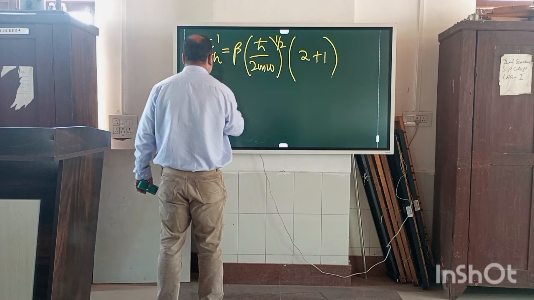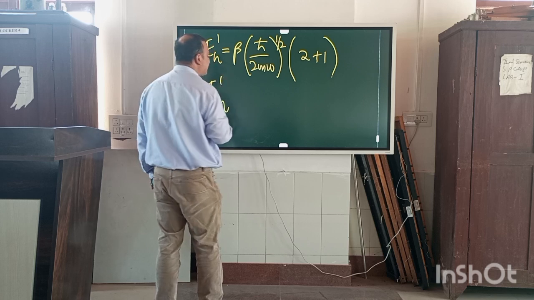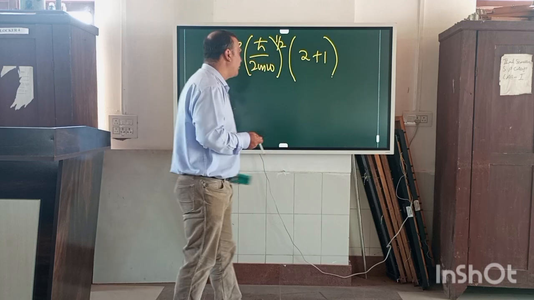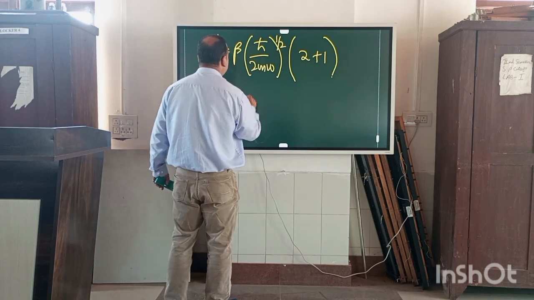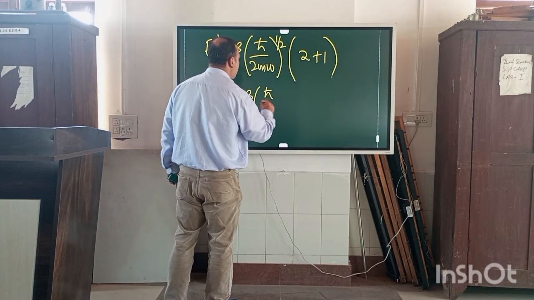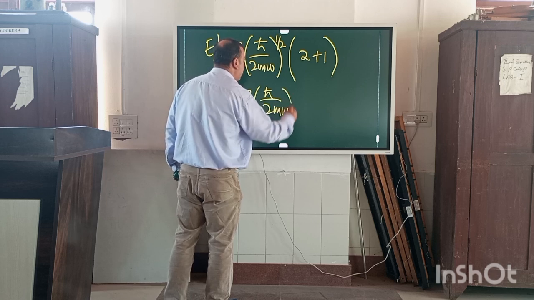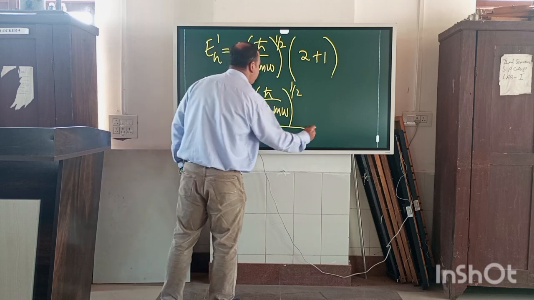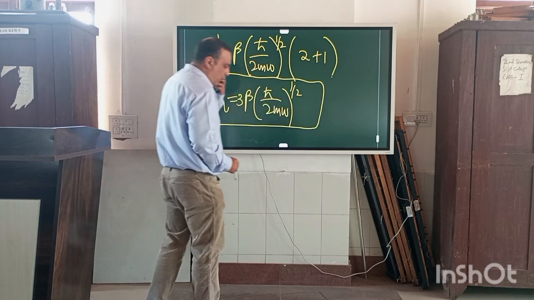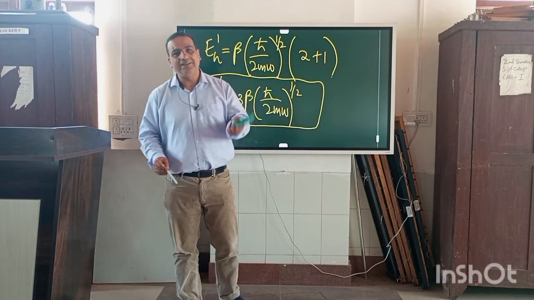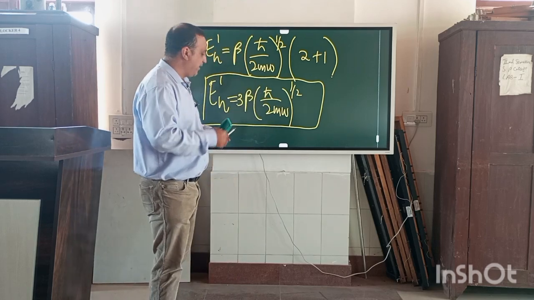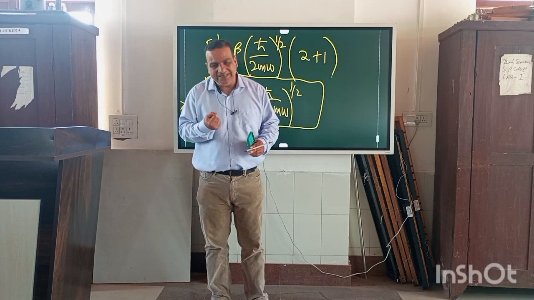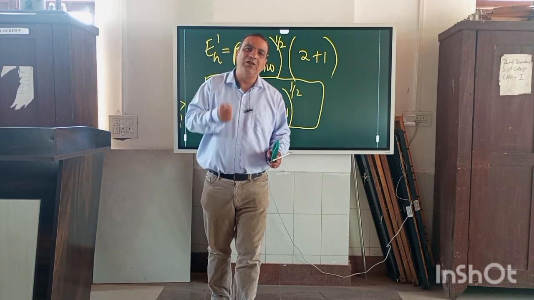So the first order correction due to the anharmonicity introduced to the ideal harmonic oscillator problem is equal to beta times (h bar by 2m omega) raised to the power 1 by 2, and this 3 will be outside. So this is how we can calculate the corrections to the energy that are introduced by subjecting our system to small perturbations.